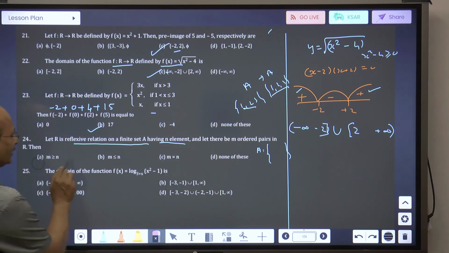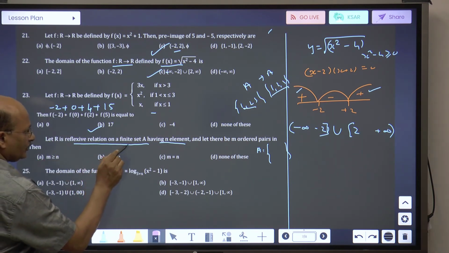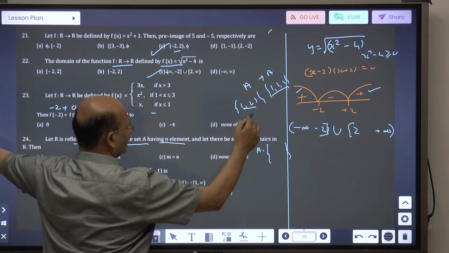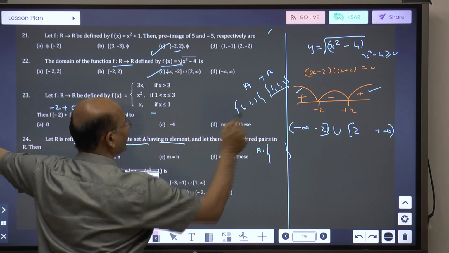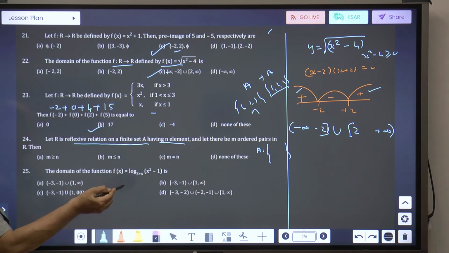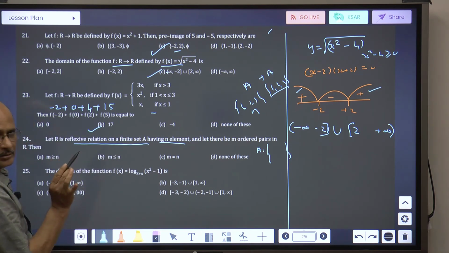Okay, so you understand this point, because in this case what is happening, I will tell you. See, R is a reflexive relation, so the minimum number of ordered pairs will be n, because n is the number of elements, correct or not? Minimum at least 3 ordered pairs. It cannot be less than 3, because ordered pairs cannot be less than n.